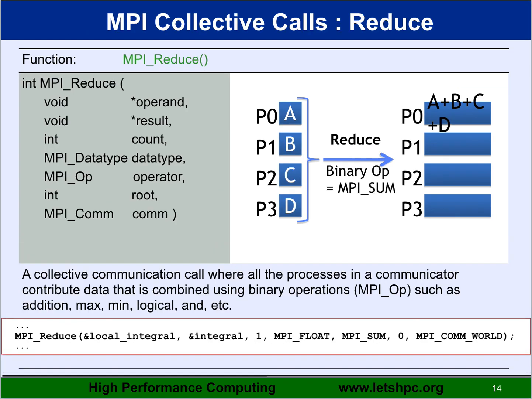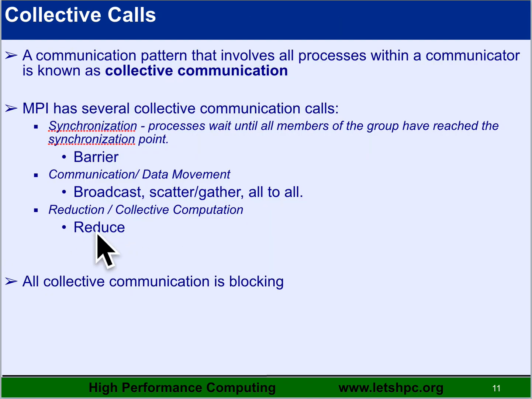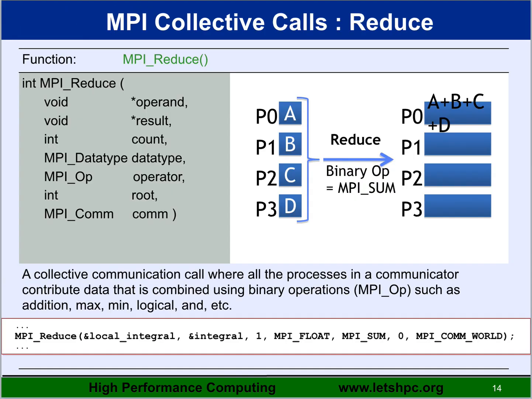We can look into another example from the third category. The third category is this collective computation category. Let's take an example of reduction operation. We have already done the reduction algorithm in one of the previous lectures, so we know how this algorithm works.